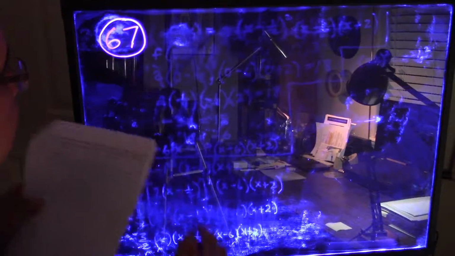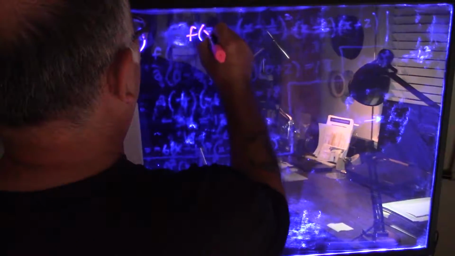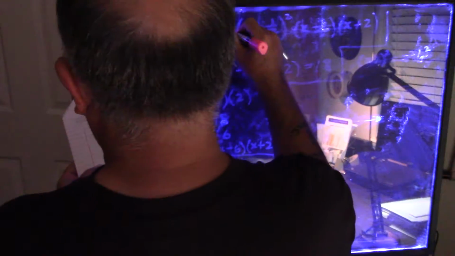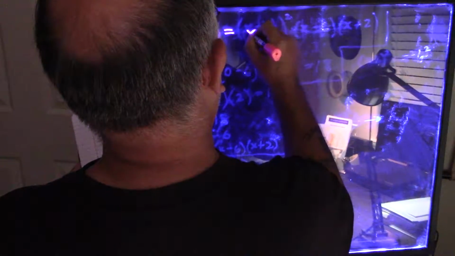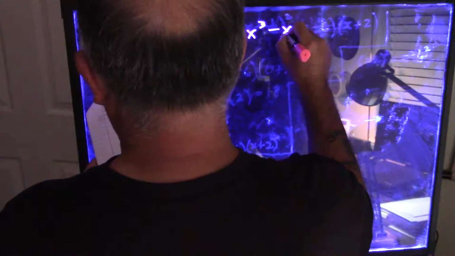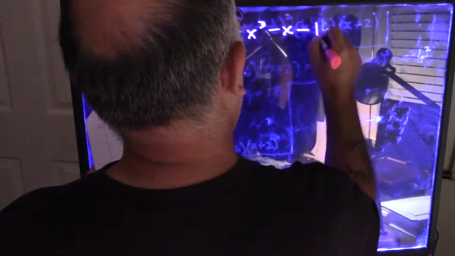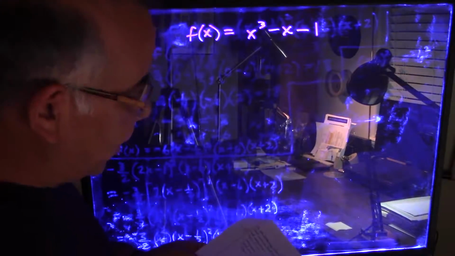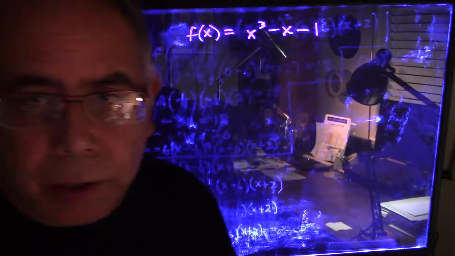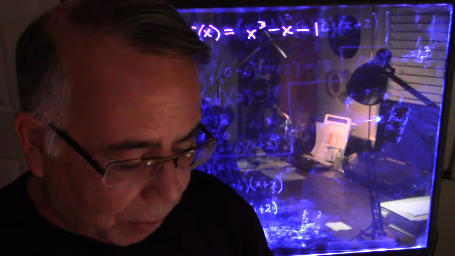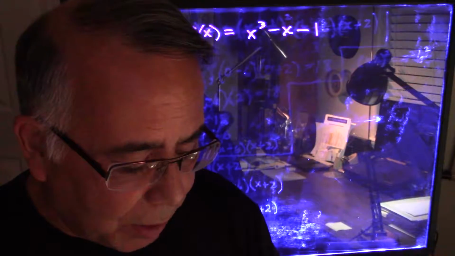Number 67. For the following exercises, use a calculator to approximate local maxima and minima, or the global minimum and maximum. So on this one we have f of x is x cubed minus x minus 1. Depending on your technology, there are various ways to get these results, max and min.